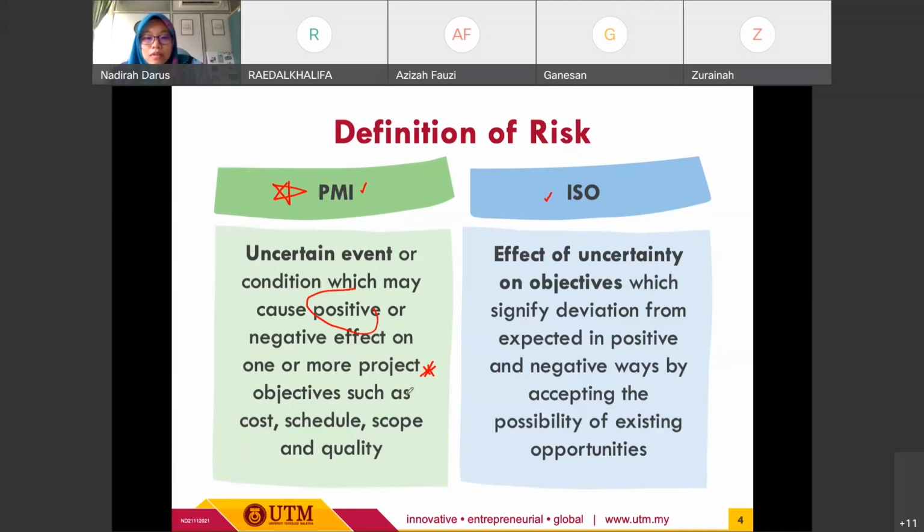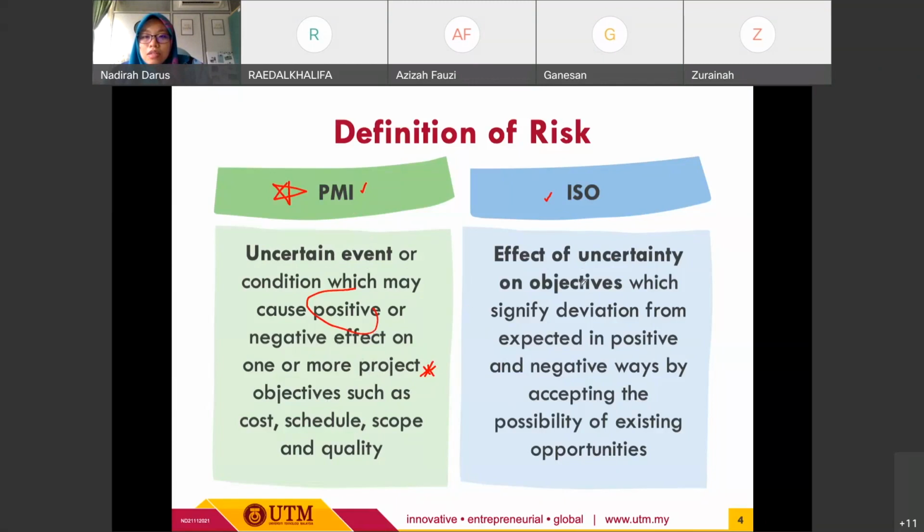We have typical objectives such as cost, schedule, scope, and quality. So this uncertain event may cause either a positive or negative effect to these project objectives. That's the definition of risk by PMI.